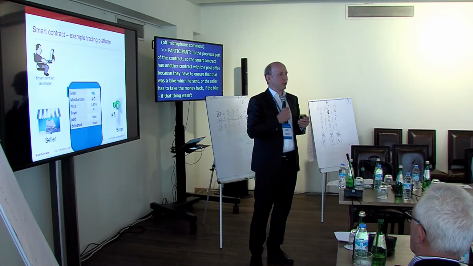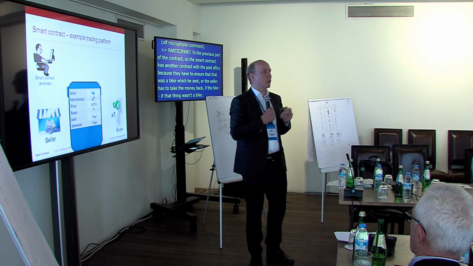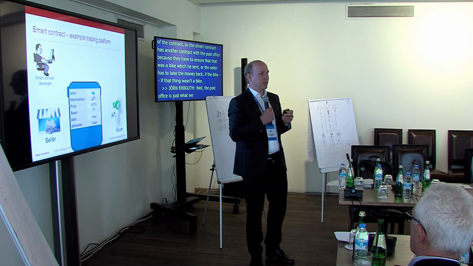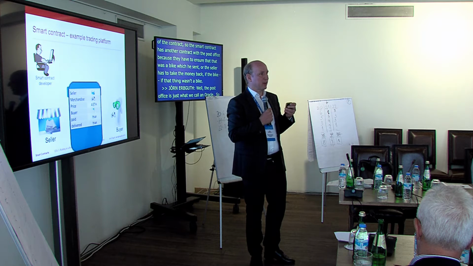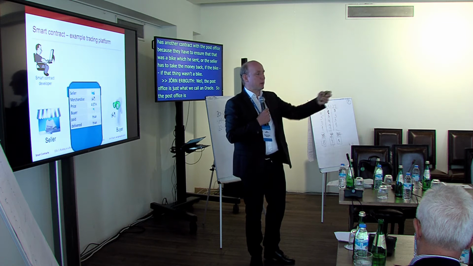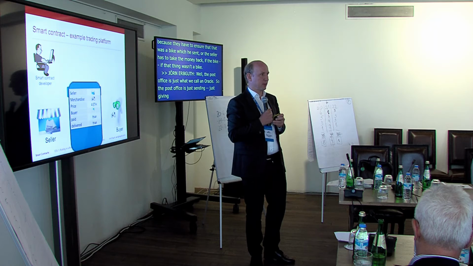Well, the post office is just what we call an oracle. So the post office is just giving some information to the smart contract on the blockchain. So it's a part of the smart contract? Yes, exactly. There is a line from the post office to the smart contract? So assure that what was being sold was a bike?